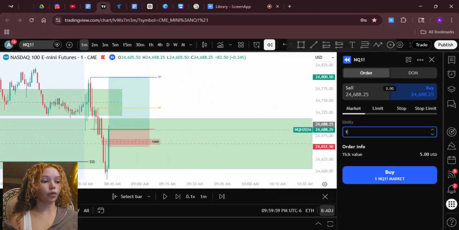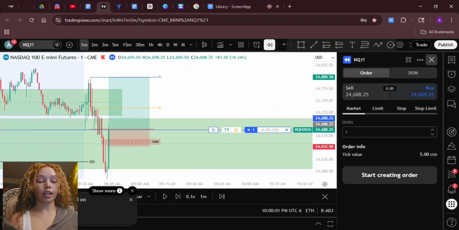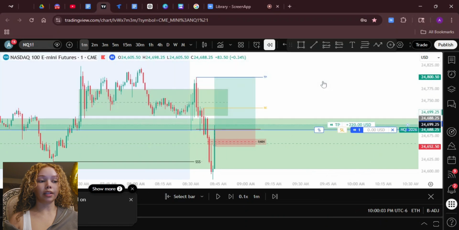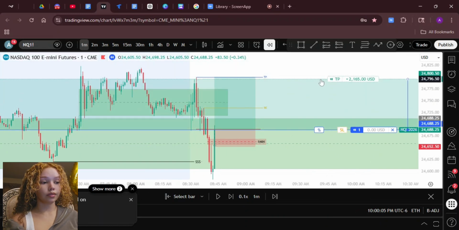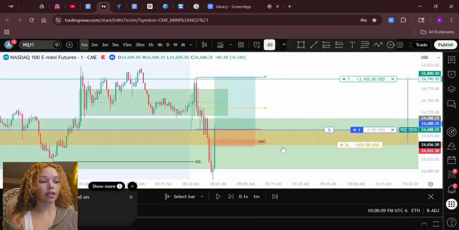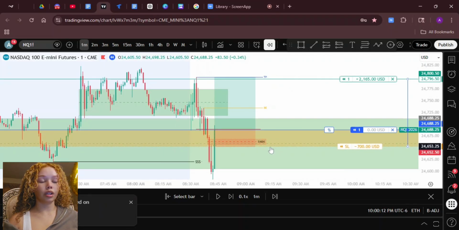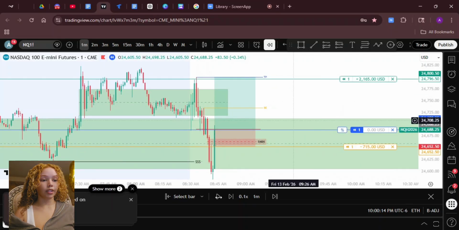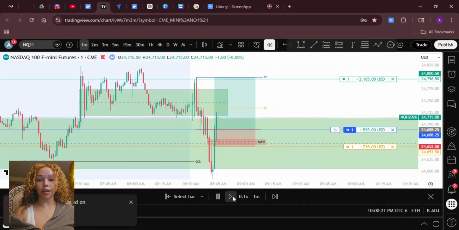And we'll place our order here since the candle did close above my fair value gap and in the discount zone. And again, we're going to place that hard stop just in case price wants to move to the downside. And as you can see, that was a $2,000 move.